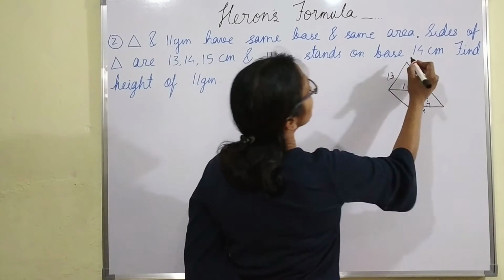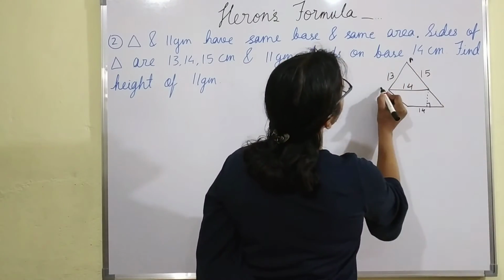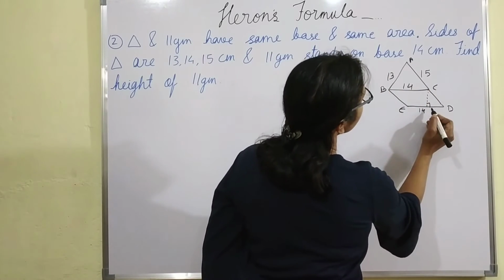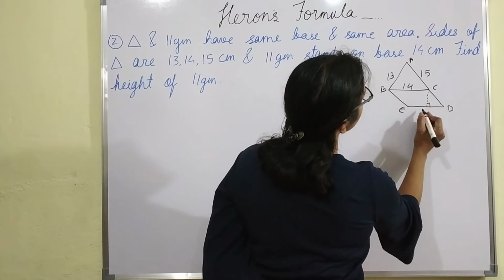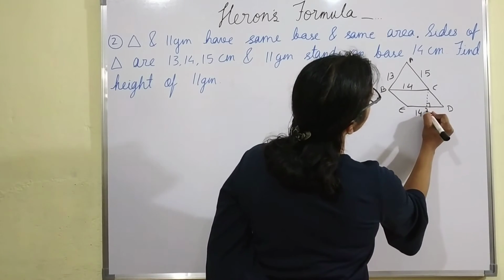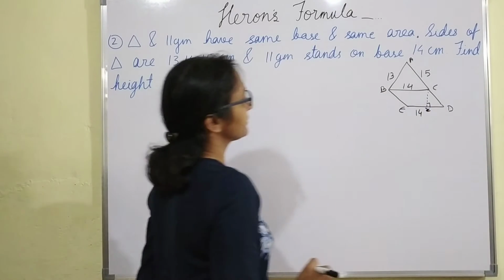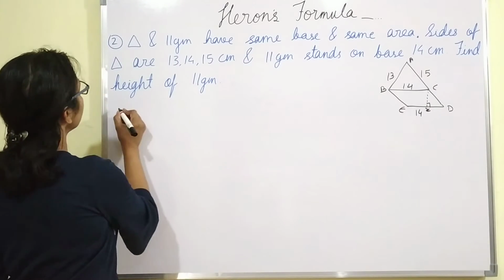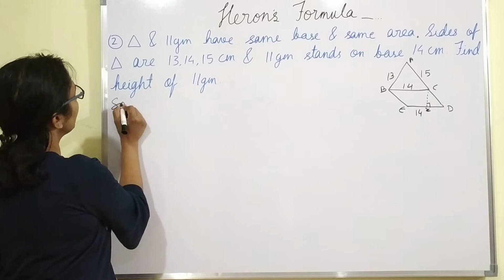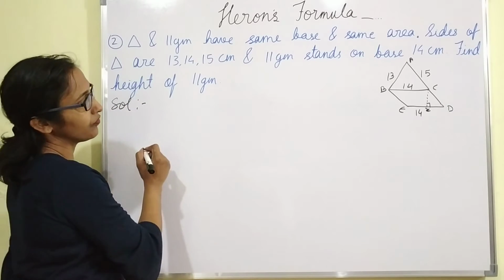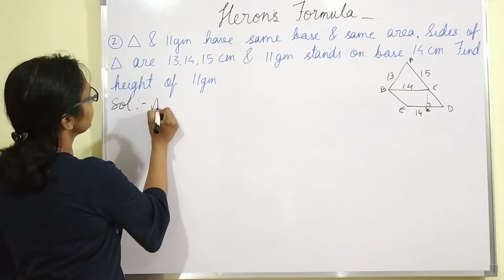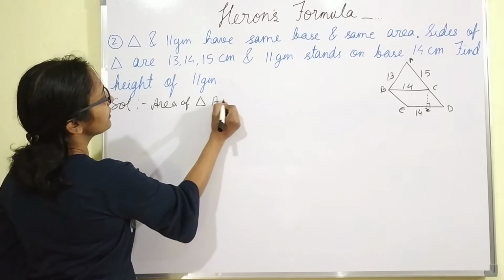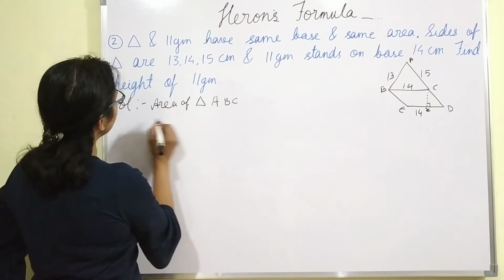Okay. So triangle ABC, and the parallelogram DE, and its height is X. So first we will find out the area of triangle ABC.